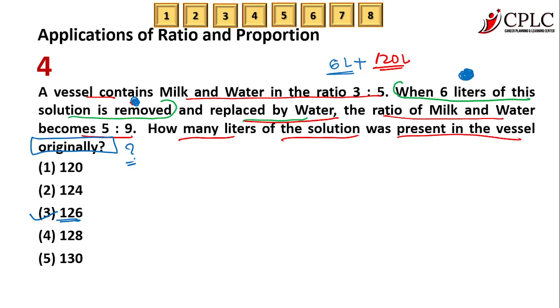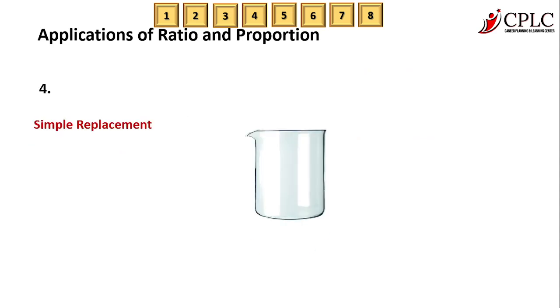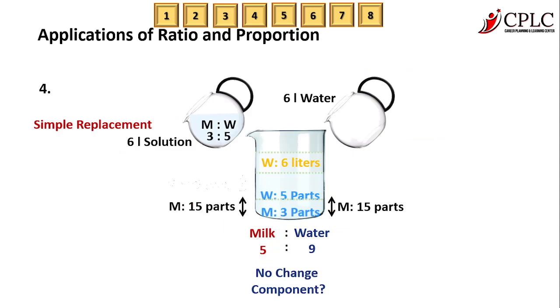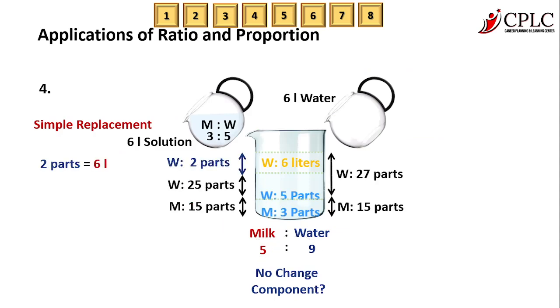So what you also need to do is keep the same type of formatting in your brain: if nothing is removed, if it is directly added, it is a normal question. If removed and replaced by water, then forget the removed part initially, do it with the normal method, because then it becomes your normal question, and then simply add back whatever was removed earlier, in the beginning. So the answer is 126.